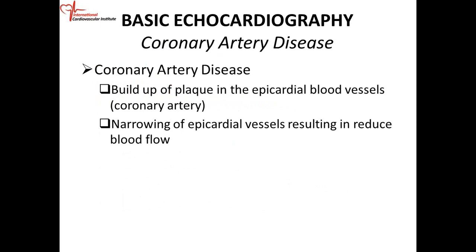So again, the pathophysiology of coronary artery disease is the buildup of atherosclerotic plaques in the epicardial blood vessels. These are the blood vessels around the heart, so-called coronary arteries. Either by gradual buildup of the plaques, it results in reduction of blood flow.